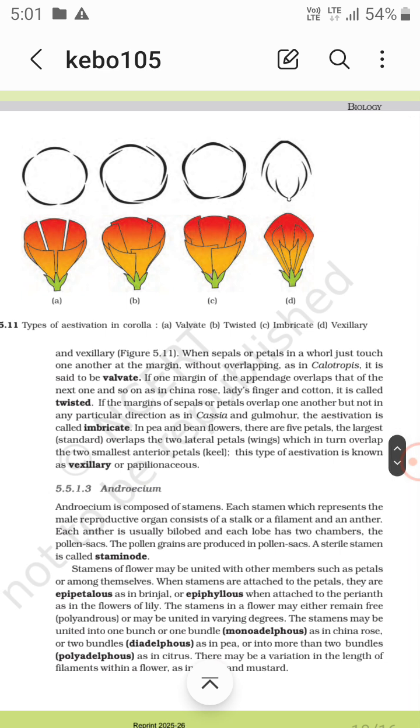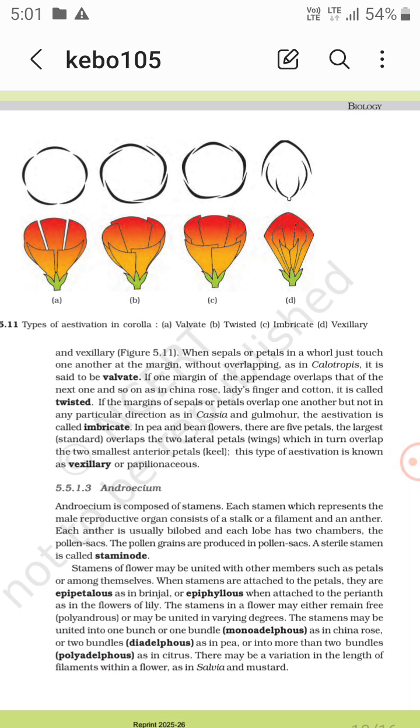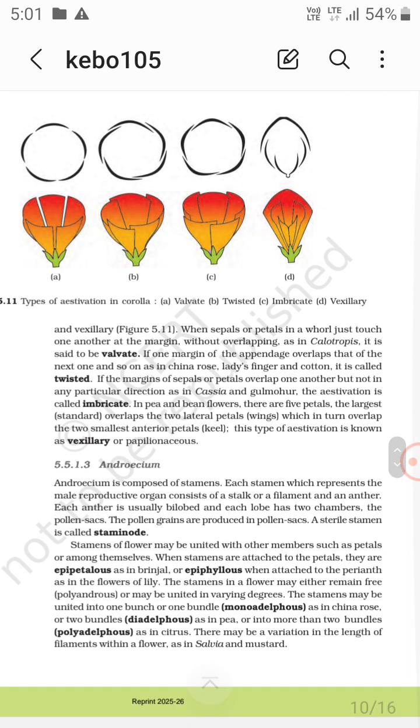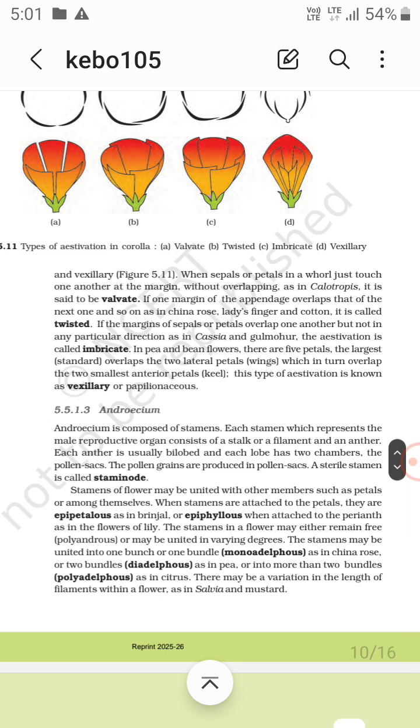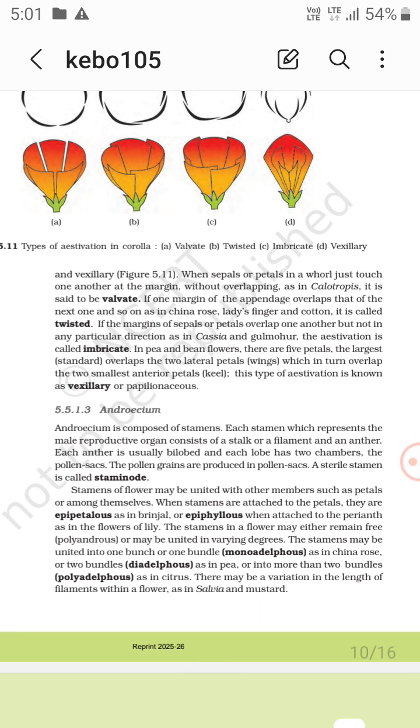So valvate is calotropis; twisted: China rose, lady's finger, and cotton. Imbricate: cassia and gulmohar. And then pea, bean flower: vexillary or papilionaceous. So when sepals and petals in a whorl just touch one another at the margin without overlapping, these are valvate aestivation, right?